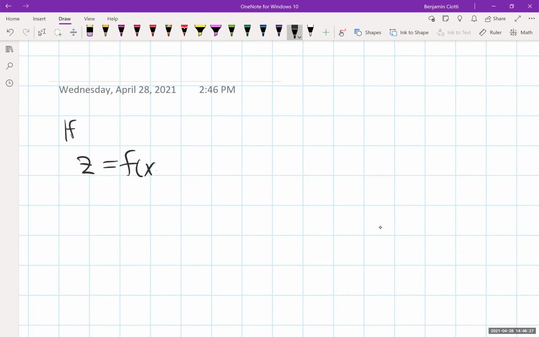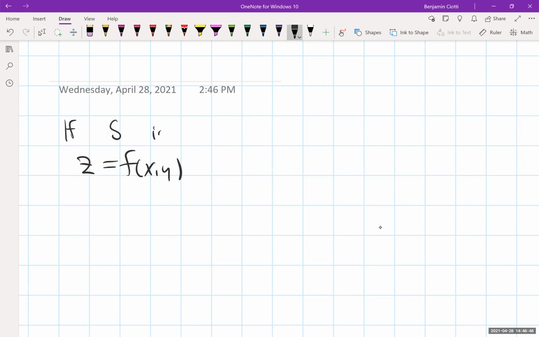So if z is f of x, y, what's your surface area element? I guess first you could find your two tangents. So check this out.